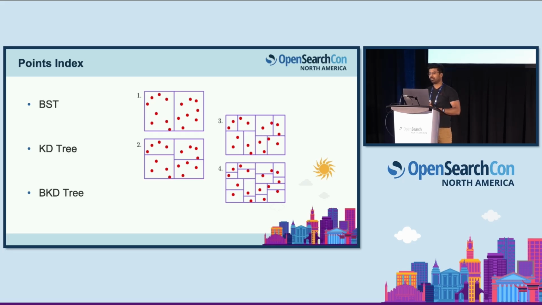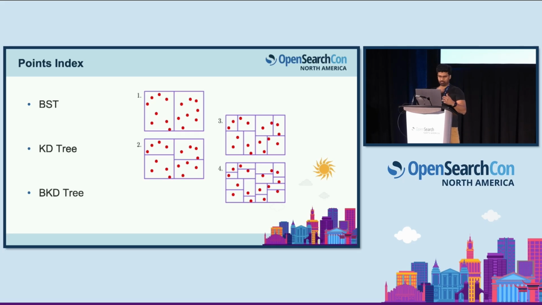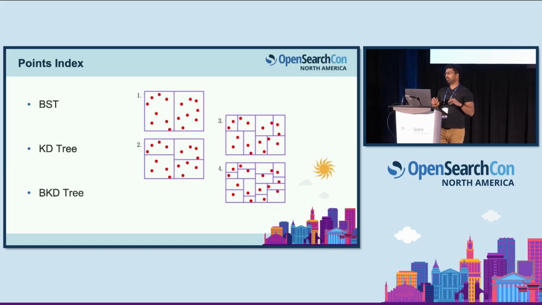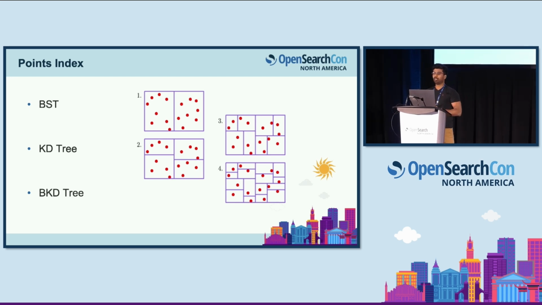So we can see in this visualization that the first one partitions on the x-axis, the second one partitions on the y-axis, and so on. And gradually you can see that we are able to get all the points in separate paths, separate subtrees, which will allow for efficient searching for these points.